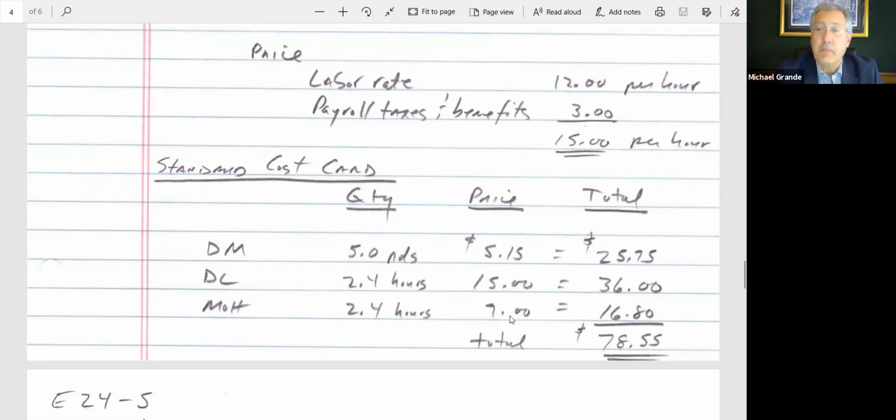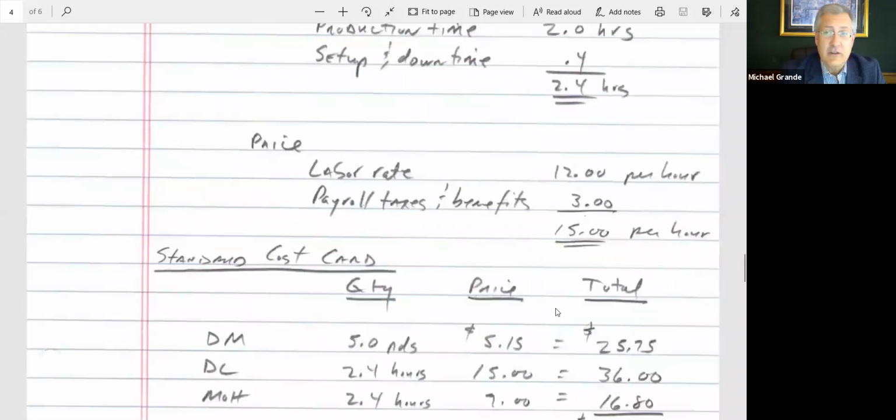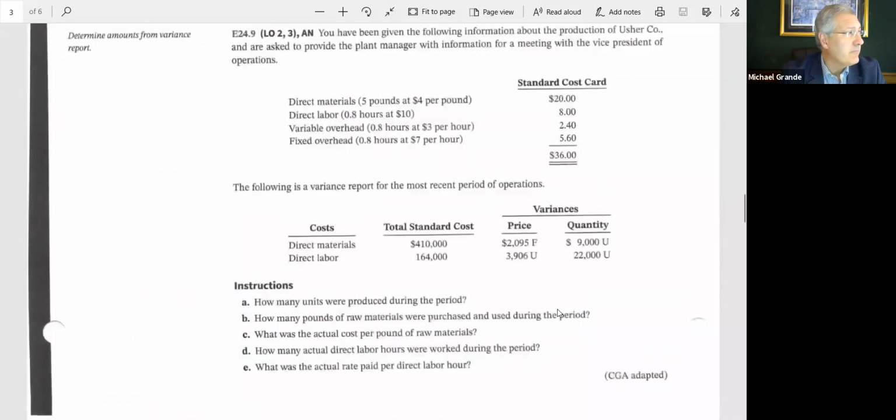It is also the predetermined overhead rate. Please remember, the standard price equals predetermined overhead rate. So that's exercise 3. Very straightforward. Calculation and summarization of standards, quantity and price, materials, labor, and overhead.